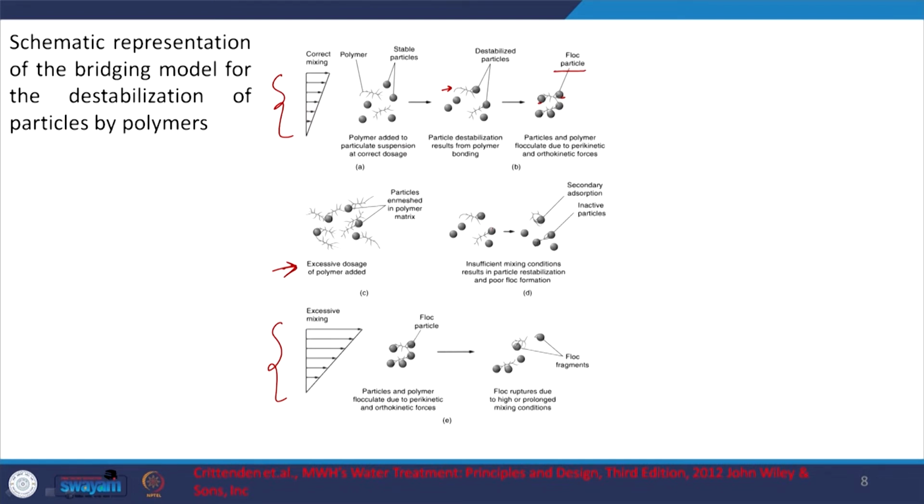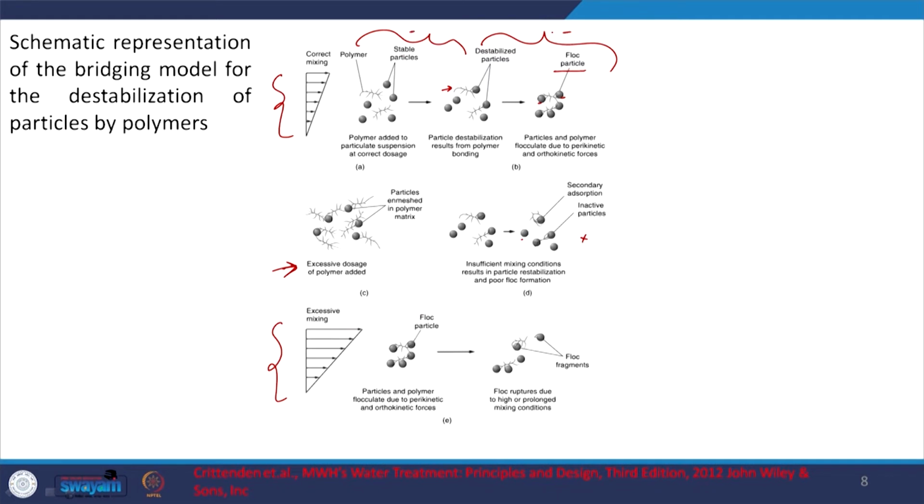Another aspect is poor mixing. What will happen is this end, which should have adsorbed onto the other particle, is now adsorbed onto the same particle, and it has restabilized. Again, I do not want this. And if I mix way too much during flocculation, this phase is coagulation maybe, and this phase here I guess is flocculation. Here I want a lot of mixing and here I do not want a lot of mixing.